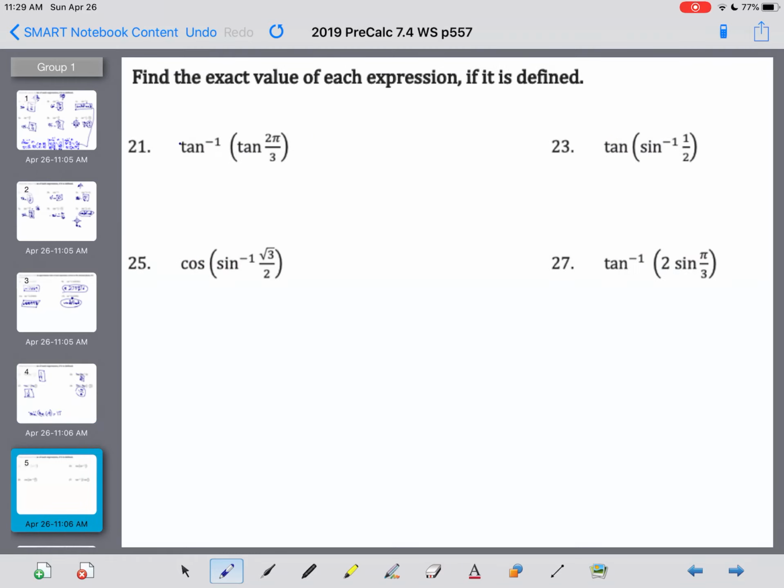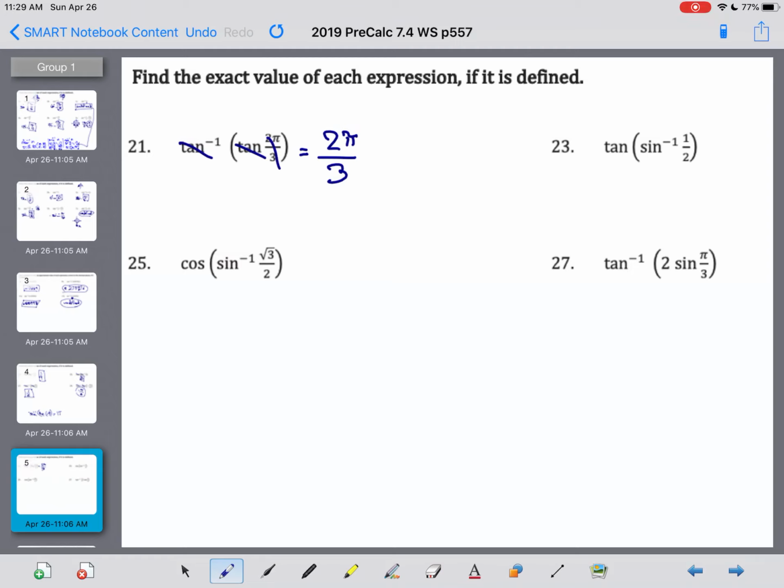Now continuing on here, we have this. Now, it normally would give me 2 pi over 3, but this is not in our range, so I really have to think of this as the same.